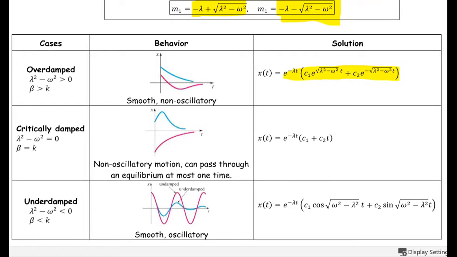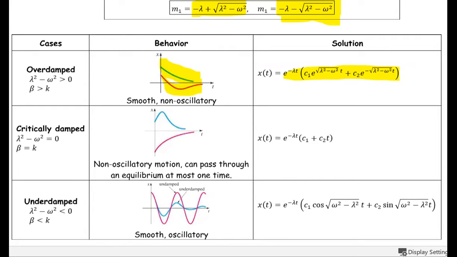If you recall the nature of the exponential with the negative sign, it decays rapidly. It is called overdamped because both terms of the solution have the exponential involved with the negative sign, or it could be negative and positive, but it is going to affect the motion of the mass attached to the spring until it goes down to the equilibrium position.